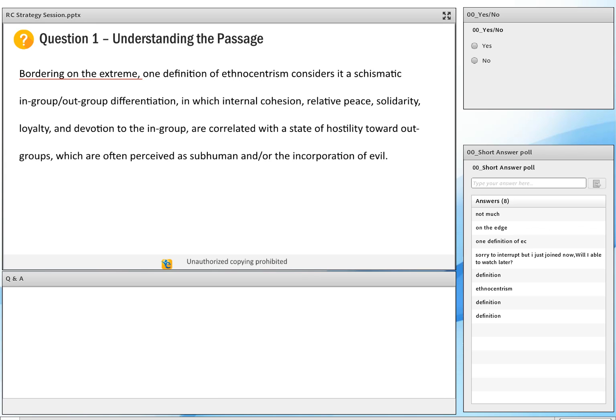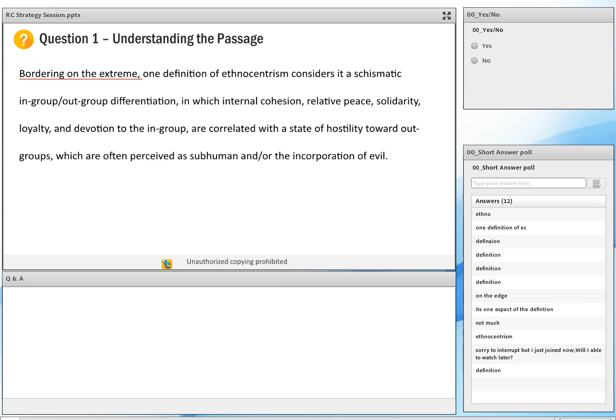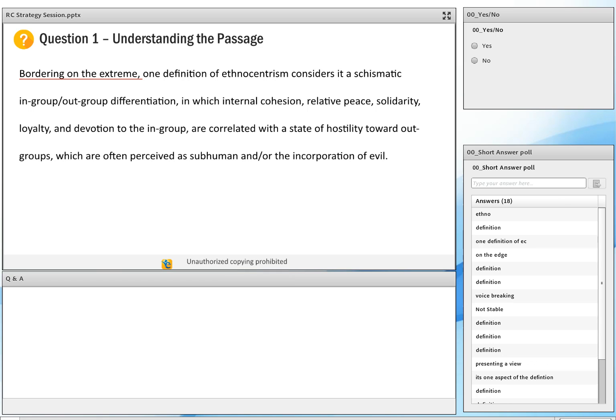Now, if you feel that bordering on the extreme modifies ethnocentrism, click on yes. Okay. Yes, bordering on the extreme does not describe ethnocentrism. It describes one definition of ethnocentrism.